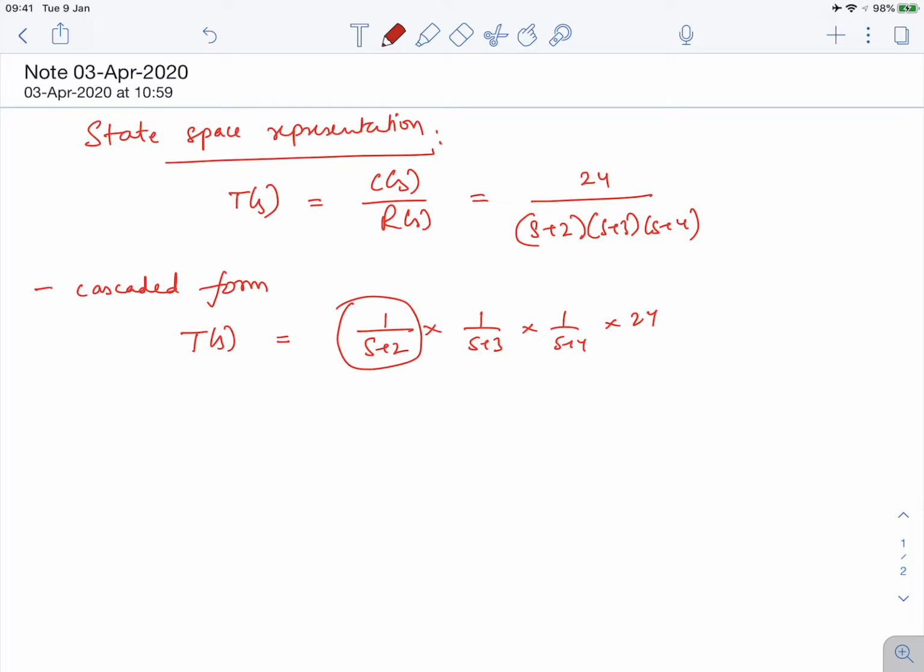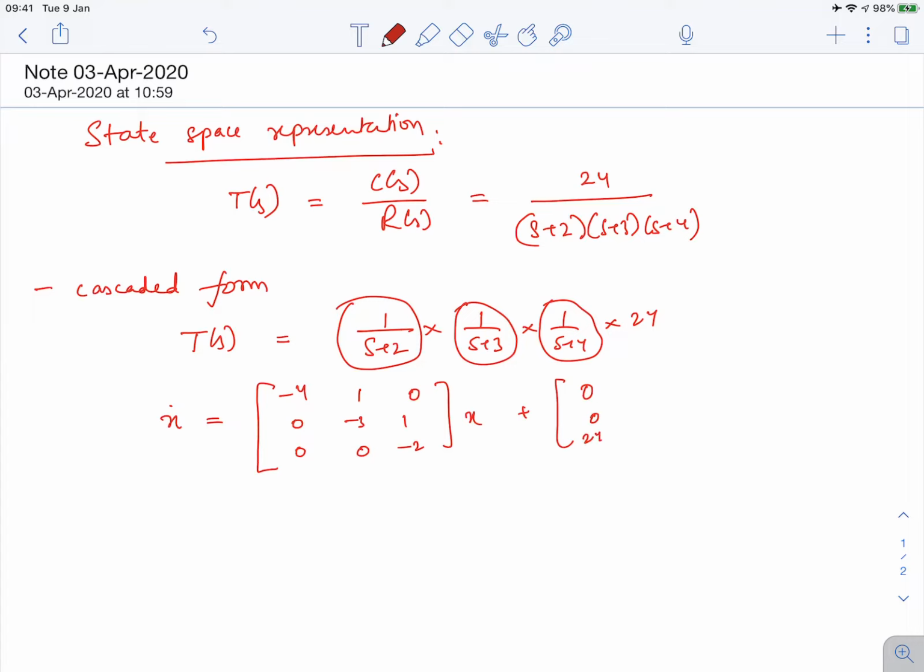And for each and every first order transfer function, we first wrote the signal flow diagram, and then following the procedure of selecting the states, we finally came up with the state space representation as x dot is equal to this x, where x is a three-dimensional vector x1, x2, and x3.